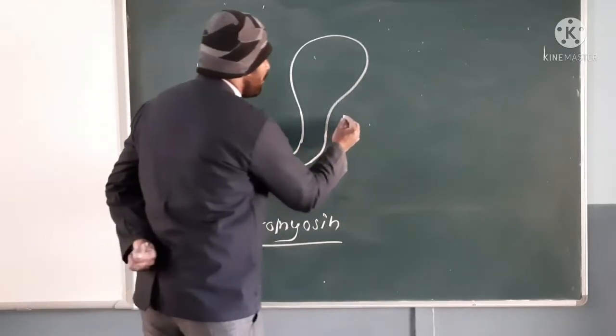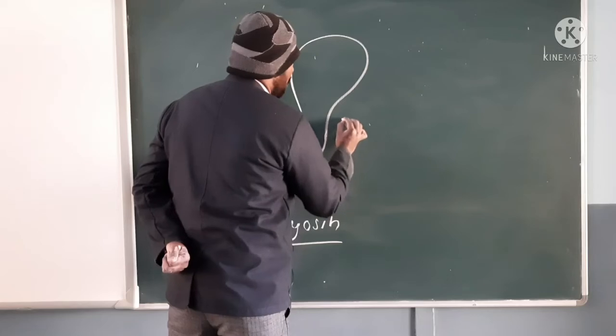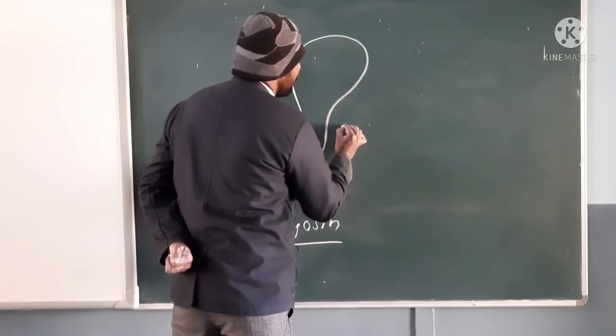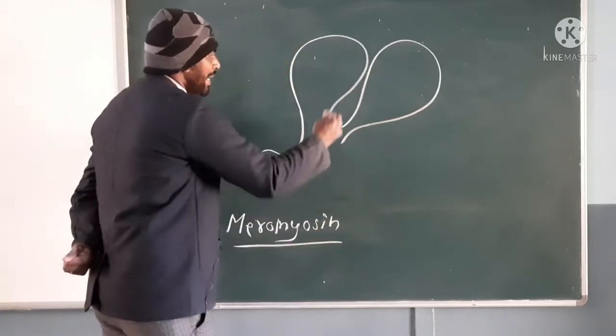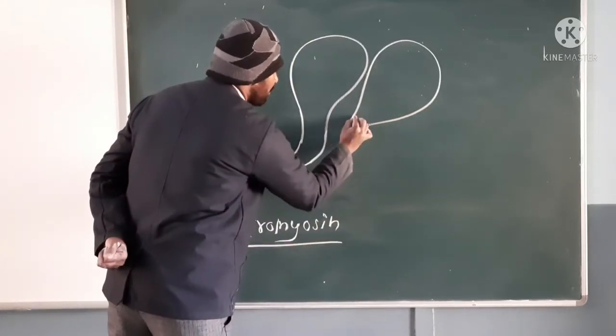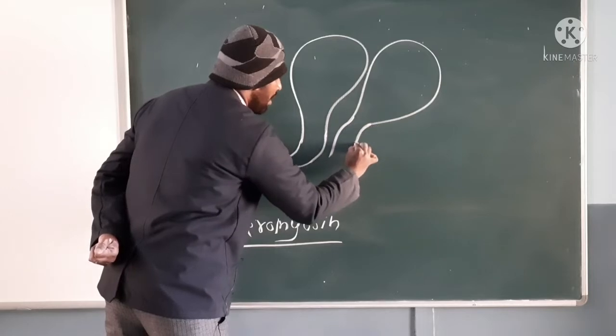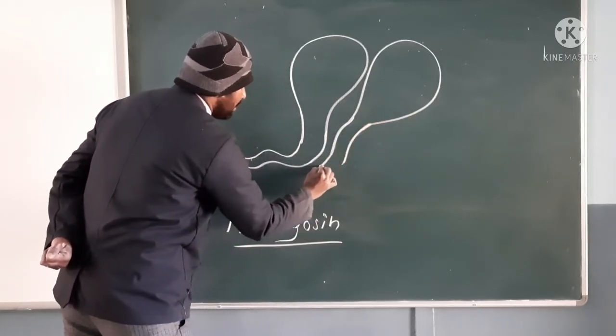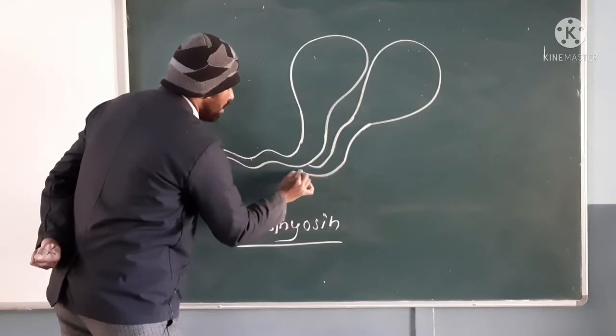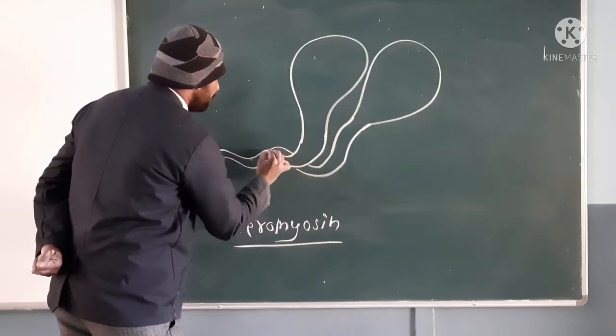So in a single meromyosin, this is the structure we can easily see. The bilobed globular head, this is the short arm, and then the tail region.